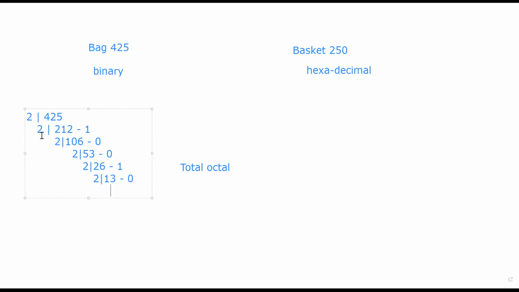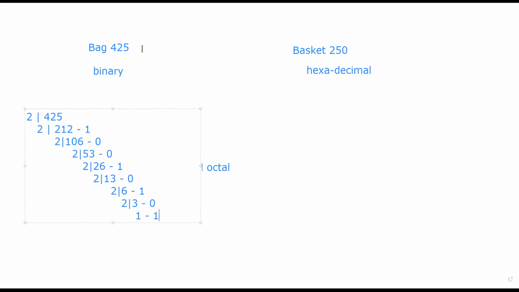Then you will get 6. Remainder is 1. Again, divide by 2. So you will get 3. Remainder is 0. Again, divide by 2. Then we'll get 1 remainder 1.